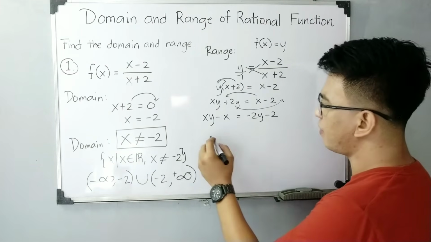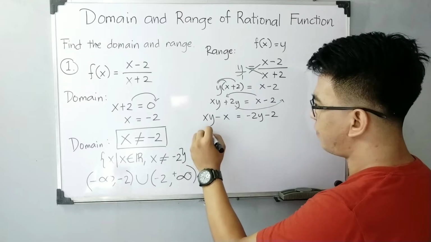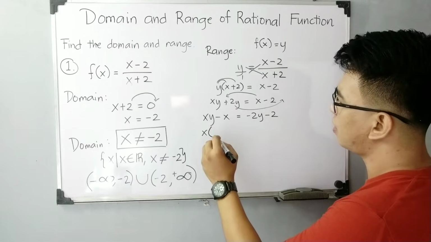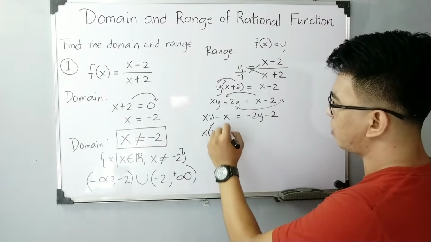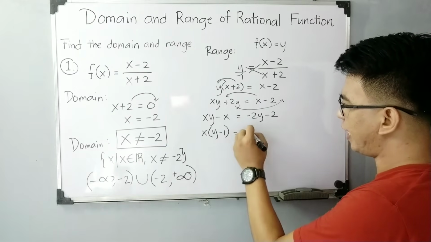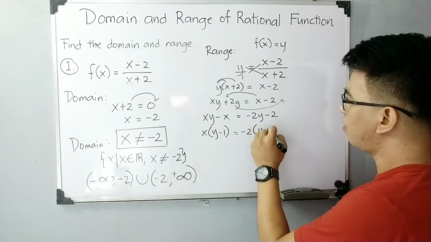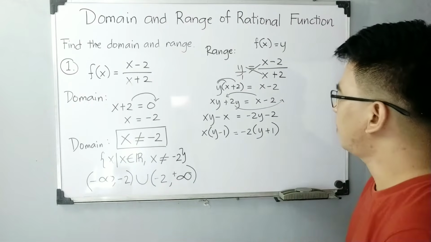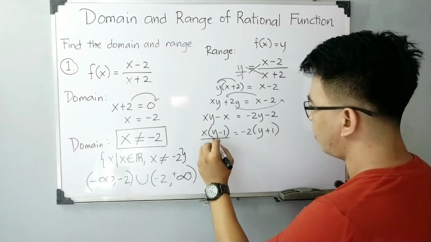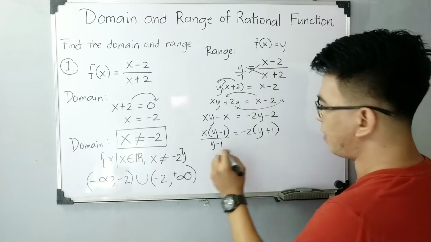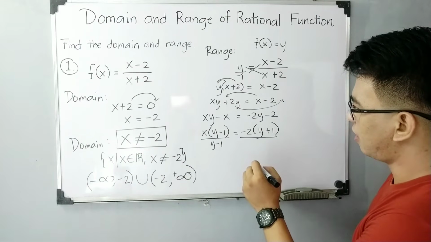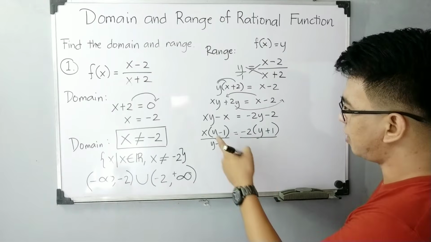Okay? By factoring, factor out x times y minus 1. This one, we can factor out negative 2 times y plus 1. Okay, guys? And then divide both sides by y minus 1 so that we can remove this, and only x is left.